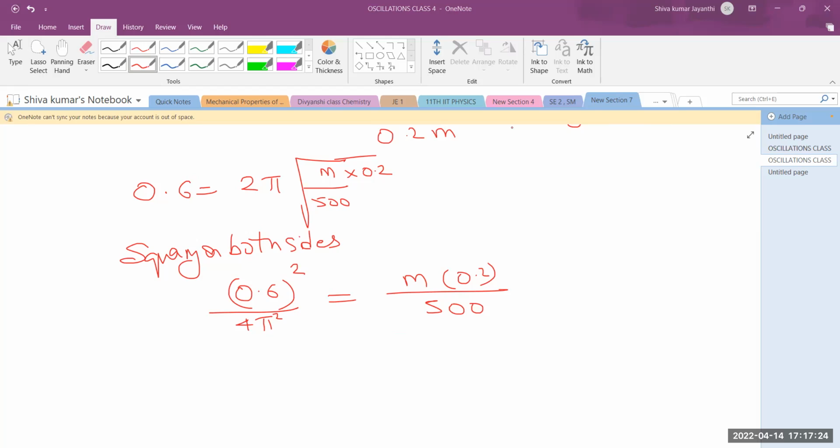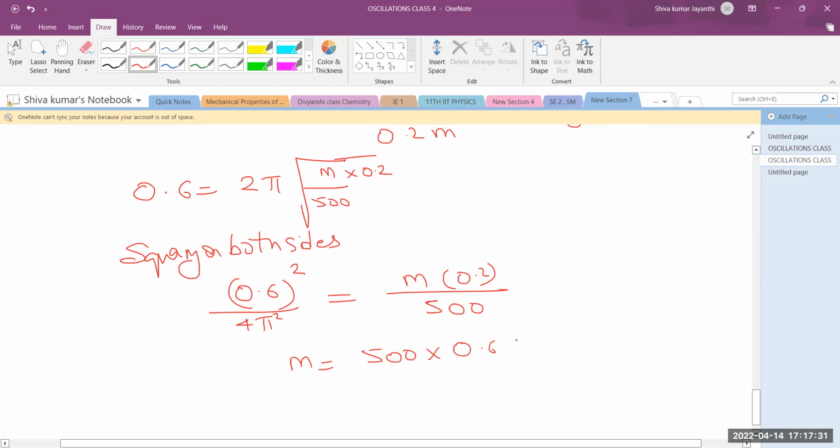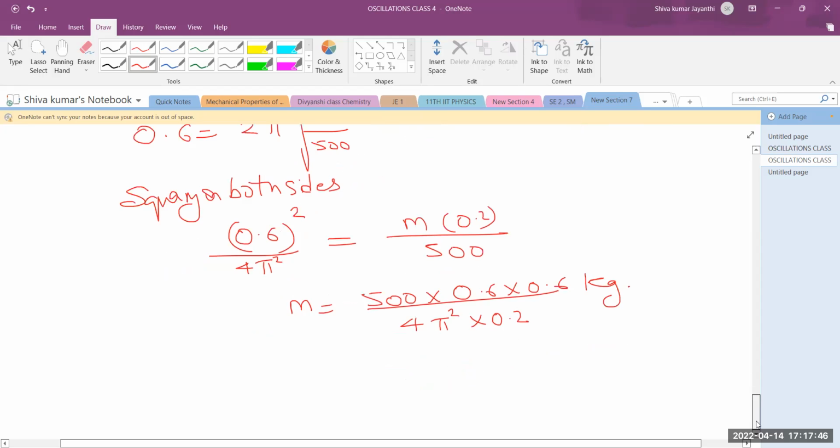So what is the mass? From this we get the mass. Find this out, you get the mass. Some mass will come. Find this mass, you can find the weight of the body. What is the weight of the body? mg, mass into gravitational acceleration.